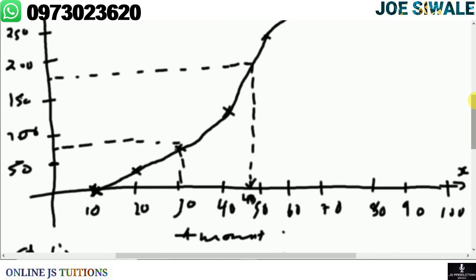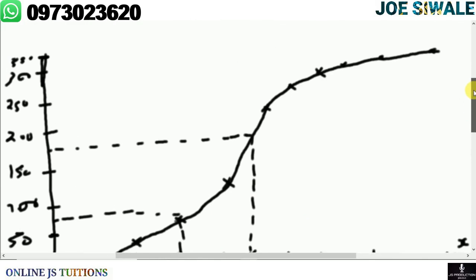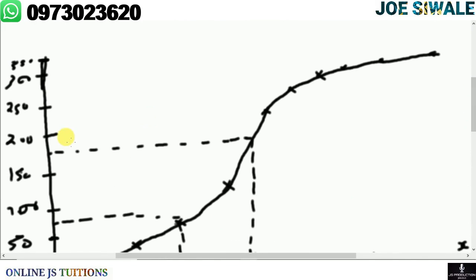So Q3, we are going to plot 262.5. So we know that's 200, that's 250. So 262.5, we are going to say it's somewhere here.